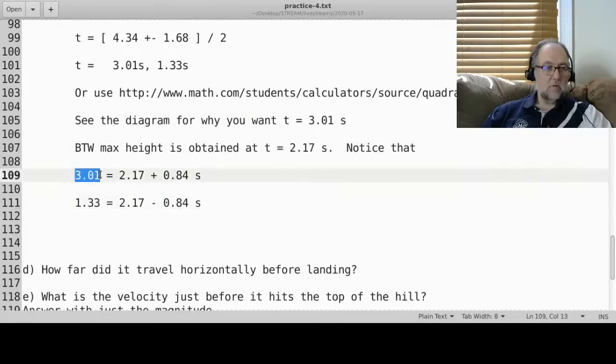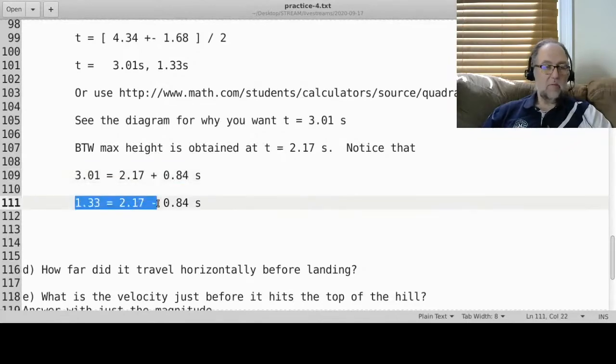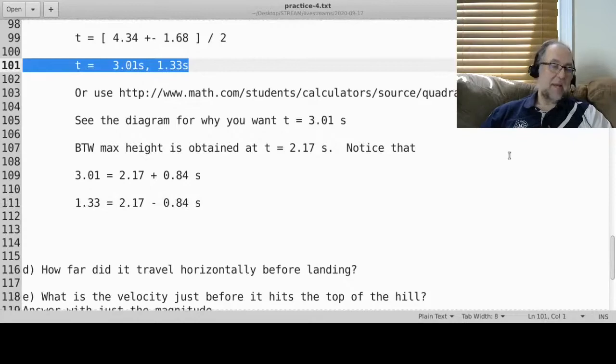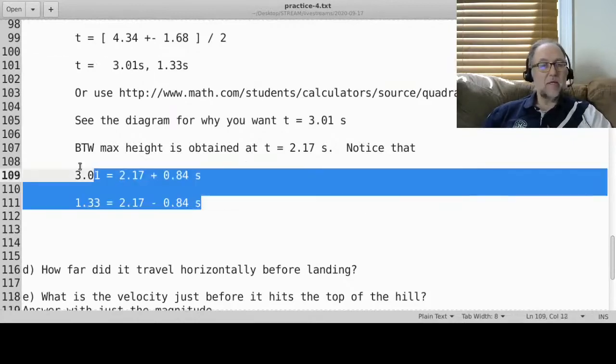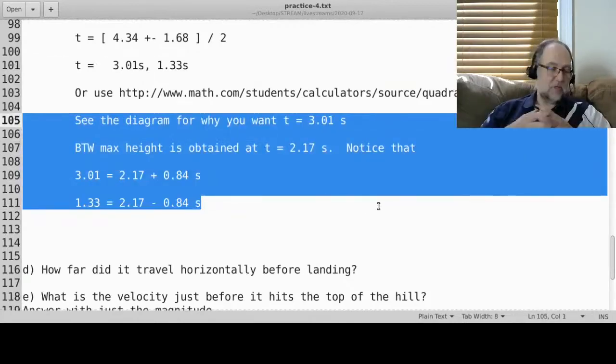So the 3 seconds can be written as the middle time plus 0.84, and the 1.33 can be written as the middle time minus 0.84. And so that's what these two solutions mean. I know I didn't ask you about this, but since we were here, I wanted to show you this because it reinforces how the whole thing works.